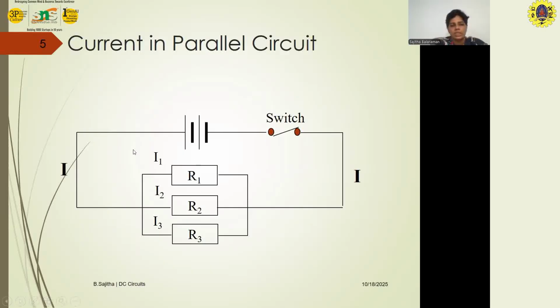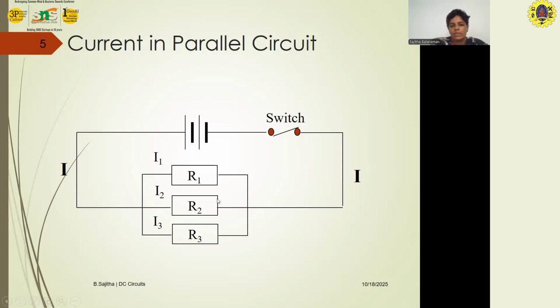Just see here, there is a battery source, a switch, and a current flow. When the current flows here, it actually divides into three in the parallel circuit. So it is I1, I2 and I3 for the resistors R1, R2 and R3. Now just imagine these resistors as lamps: lamp 1, lamp 2 and lamp 3.